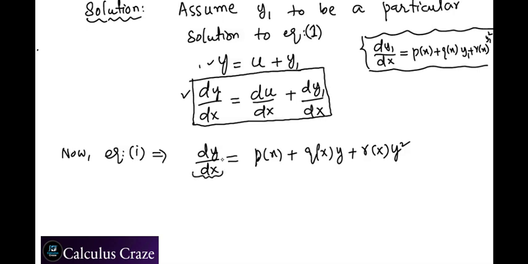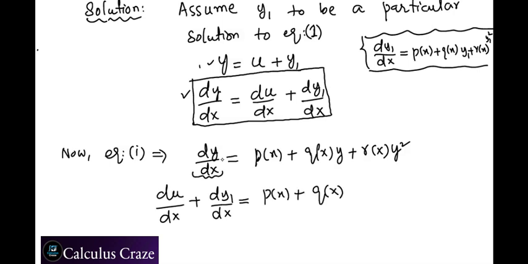Now this will be replaced by du by dx. So the derivative of u with respect to x plus the derivative of y1 with respect to x equals p of x plus q of x times, now this y is u plus y1, and r of x times u plus y1 squared.